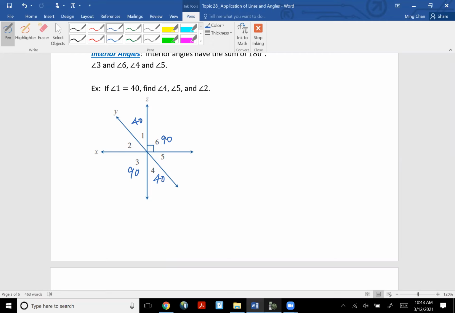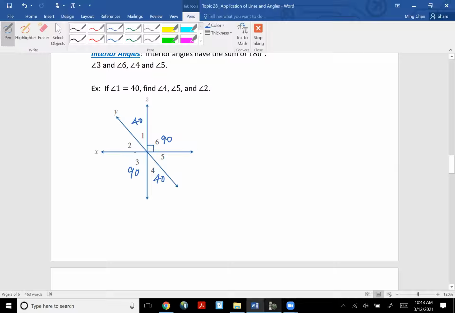Now, if this is 90, and 3 is also 90, you can pretty safely say angle 1 and 2 together is also 90, and 4 and 5 together is also 90. But what I know for sure is, do you see this line X right here?